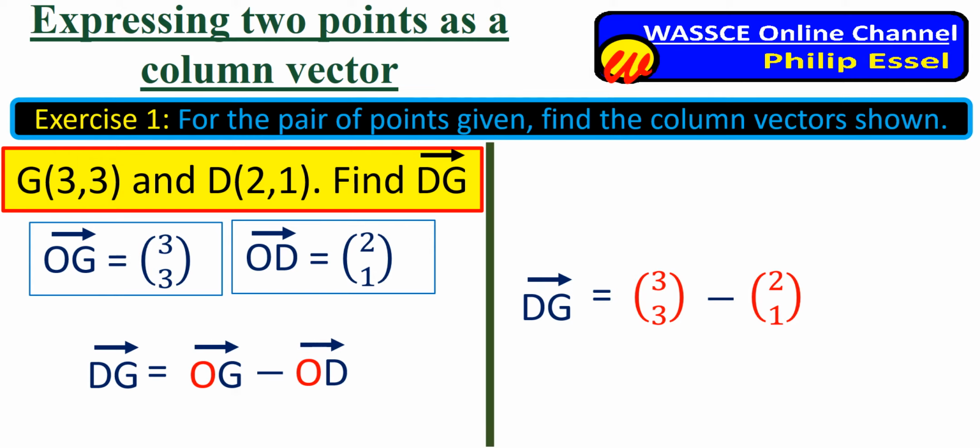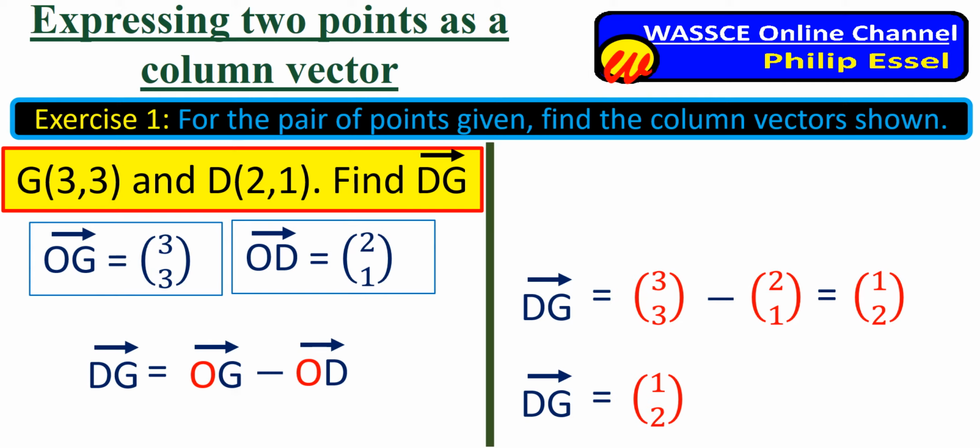When you subtract the vector (2, 1) from the vector (3, 3), you'd get the vector (1, 2). So the vector DG is equal to the vector (1, 2).